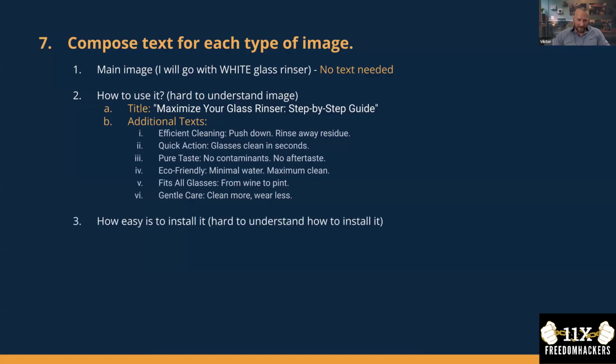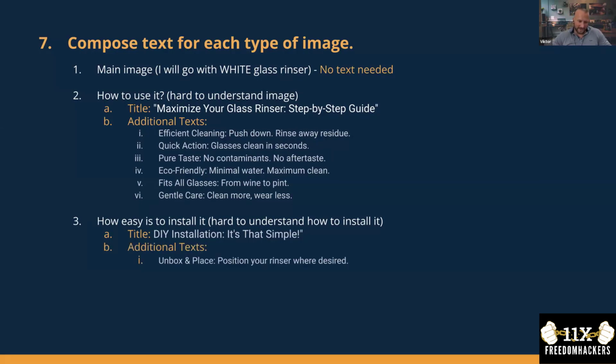Okay, let's do the next image: how easy it is to install. Again, people always think it's difficult to install, and I just typed it into ChatGPT. It took me like 15 seconds. It can be done so much better, guys; this is not a good example. It gave me the title: Do-It-Yourself Installation Is That Simple. That's going to be the big title on top of the image.